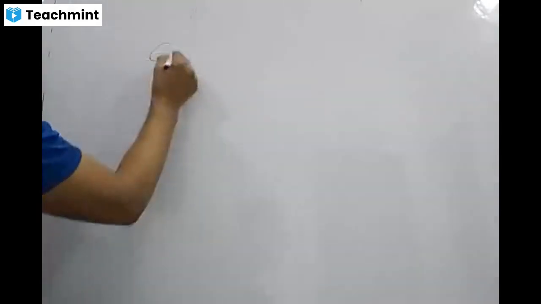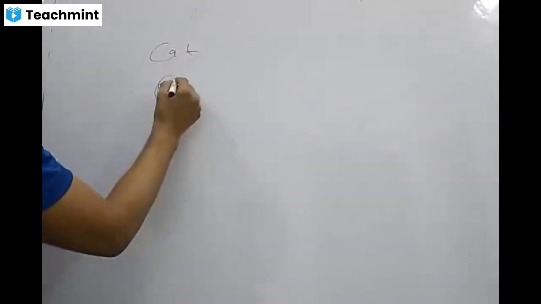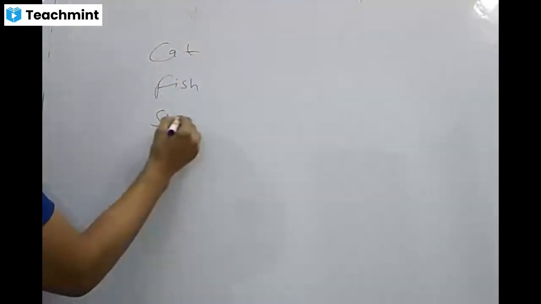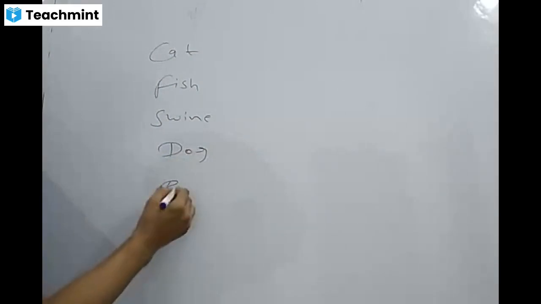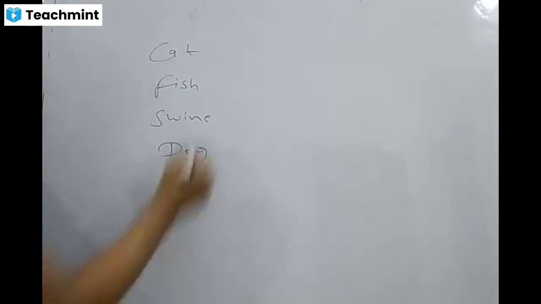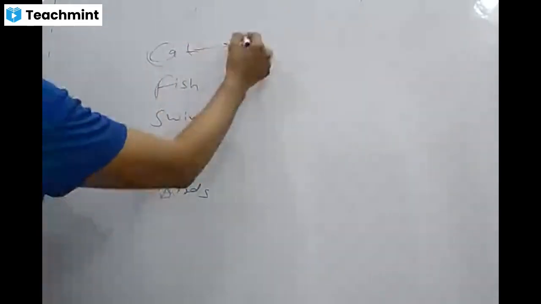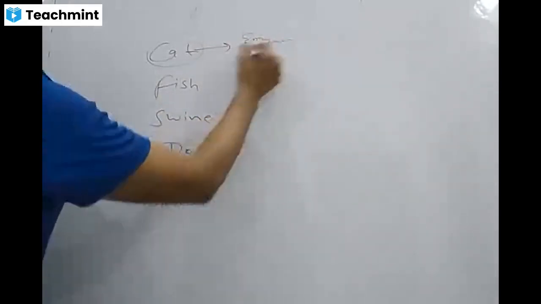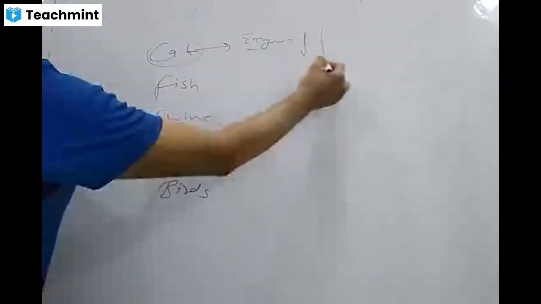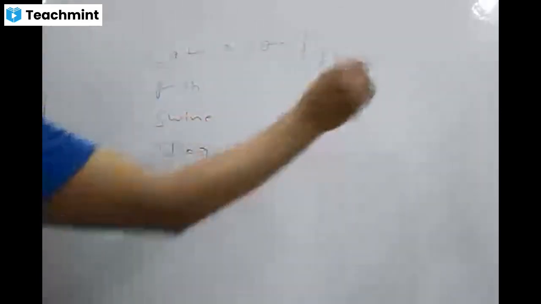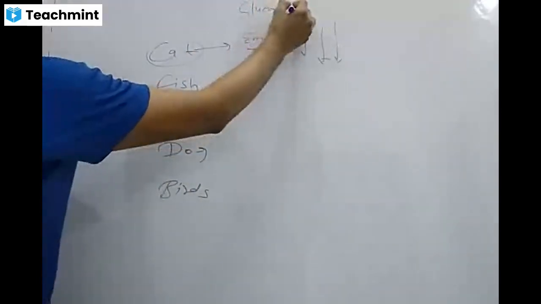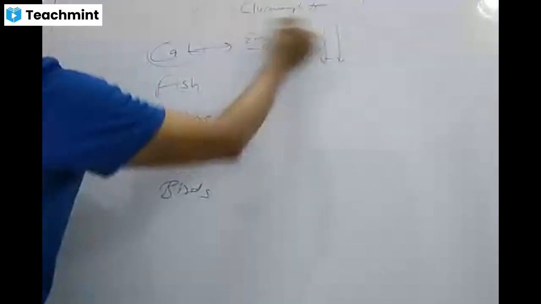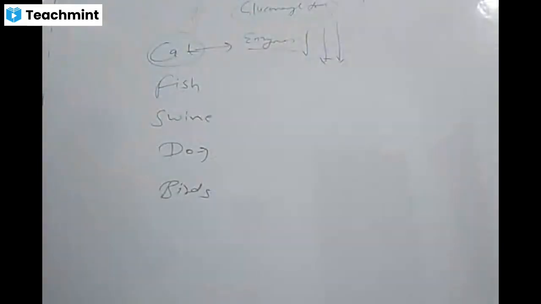We have cat, fish, swine, dog, and birds. In case of cat, that enzyme may be less or deficient. This is the case of glucuronide transferase that carries out the glucuronidation.